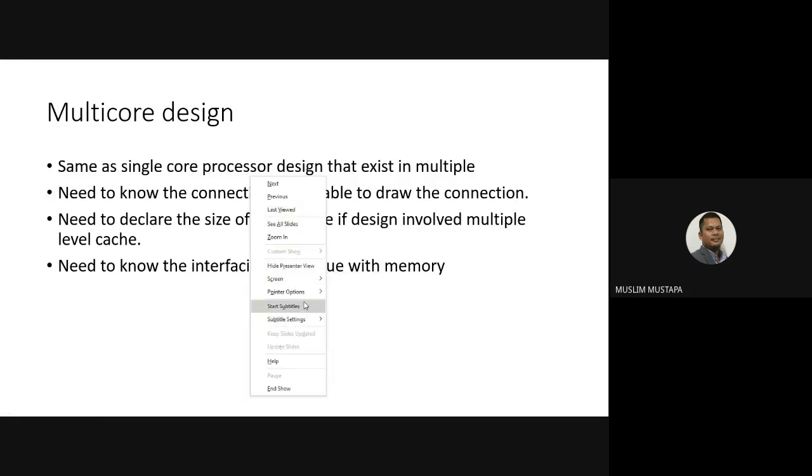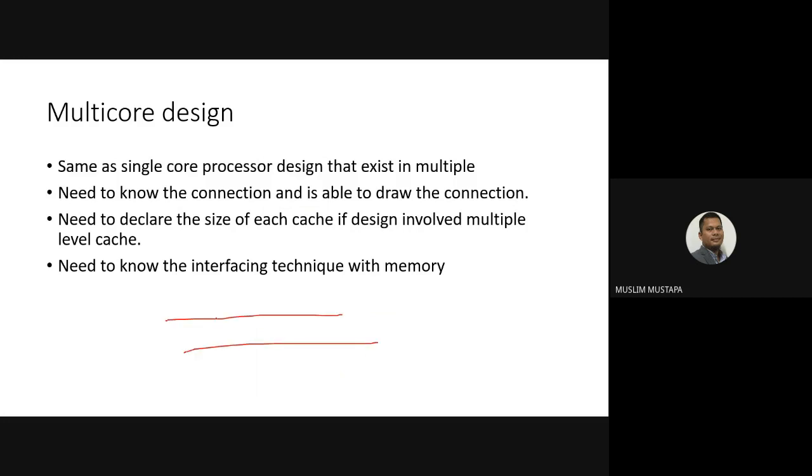Same as for the single processor, you have to draw the bus, where the processor is, where the memory is, and what connections are made. You have to explain, specify the numbers, and draw.